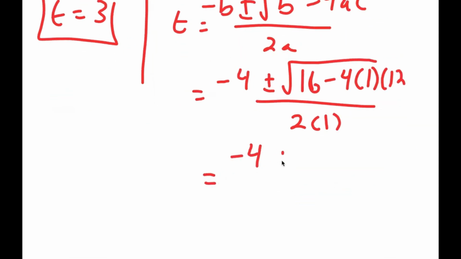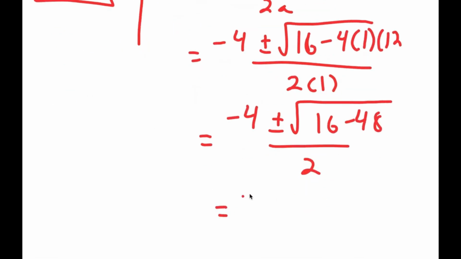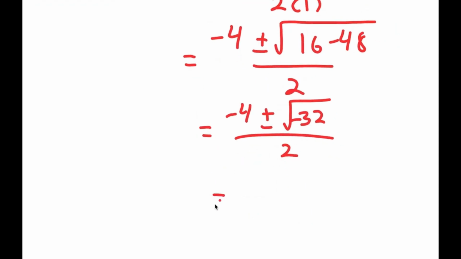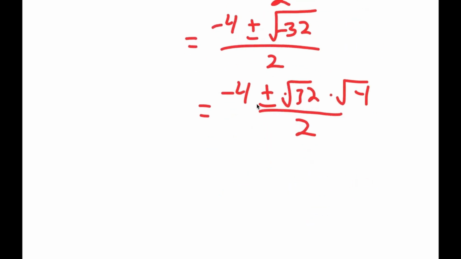And this is equal to negative 4 plus or minus the square root of 16 minus 48 over 2, which is equal to negative 4 plus or minus the square root of negative 32 over 2. And this is equal to negative 4 plus or minus the square root of 32 times the square root of negative 1 over 2.